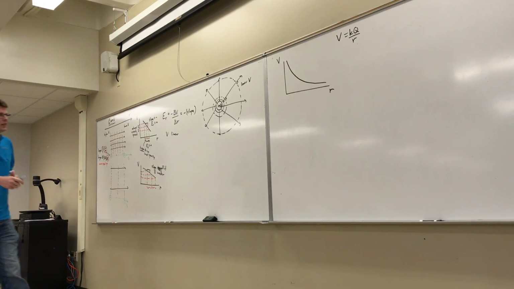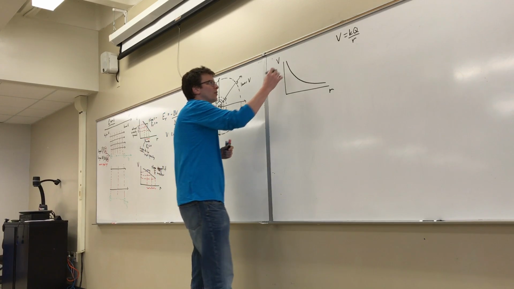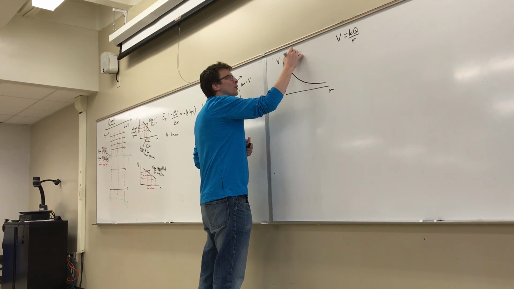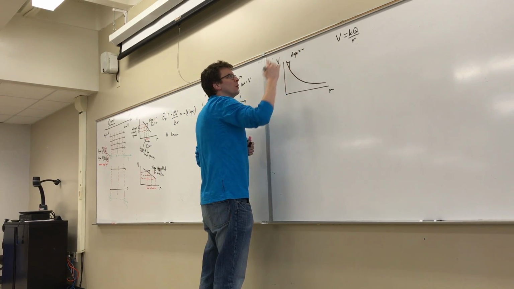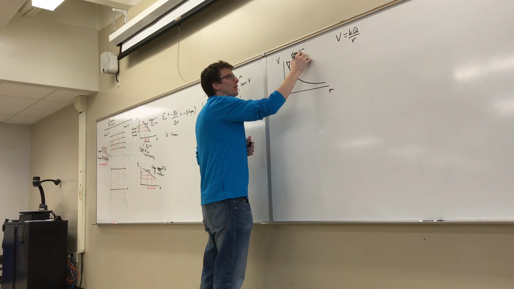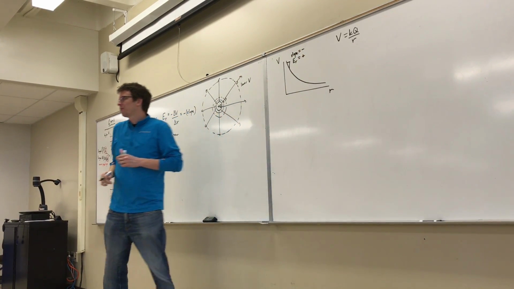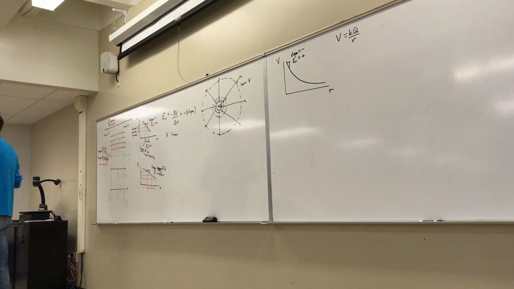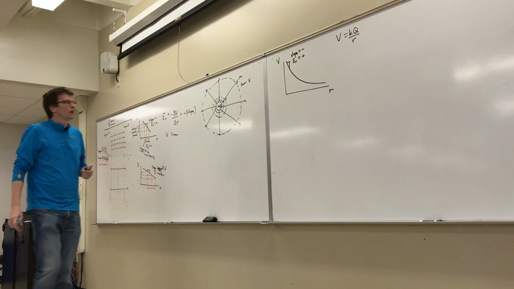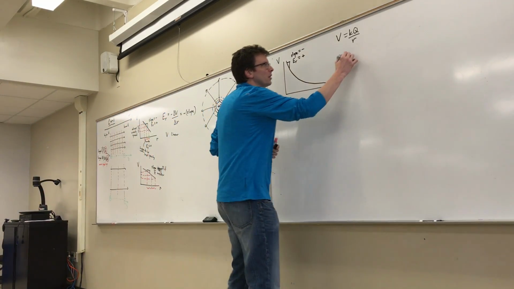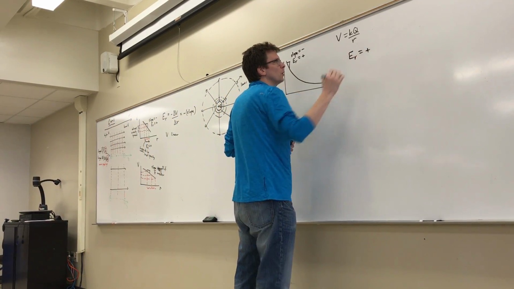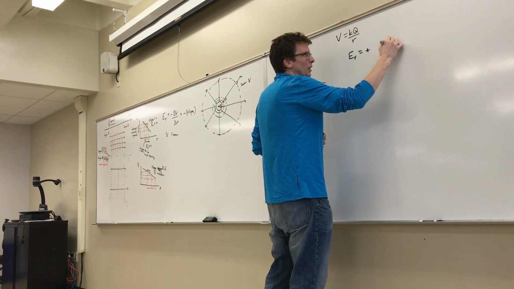So, what we can see is that the slope is negative, and so the electric field is positive. Now, something you should be aware of here is that it is assumed that the r axis is going away from the charge. So if E_r is positive, that means you're pointed radially away.